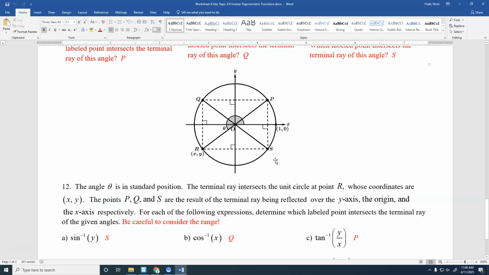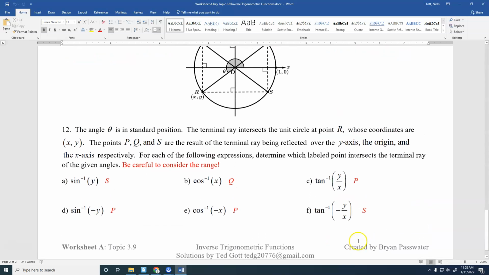And then for the next one, A is S, B is Q, C is P. Oh, there is, sorry.